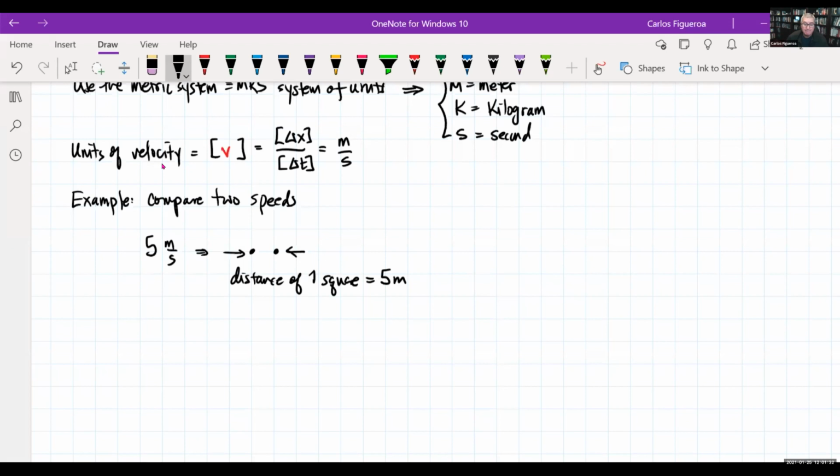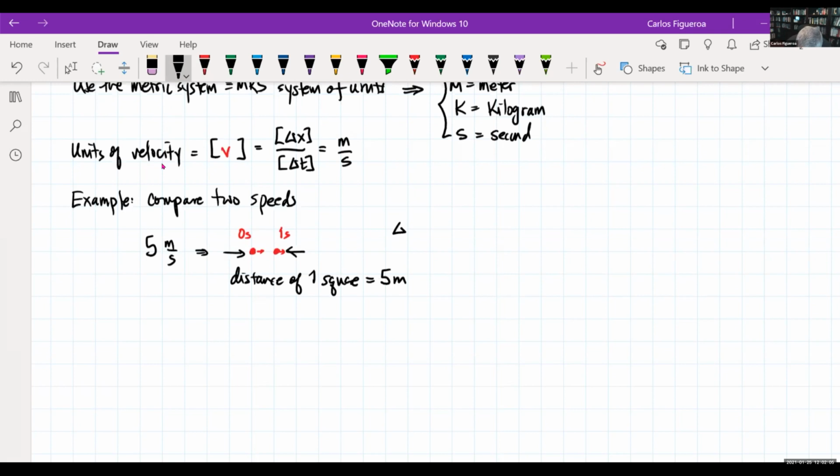So what this means is that if I have an object that starts here and moves all the way to this point, and if this is 0 seconds and this is 1 second, then I've traveled, right?